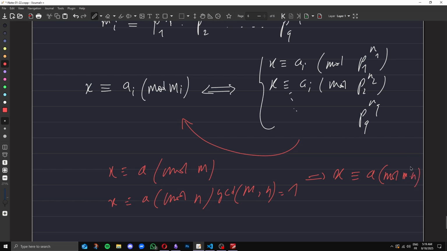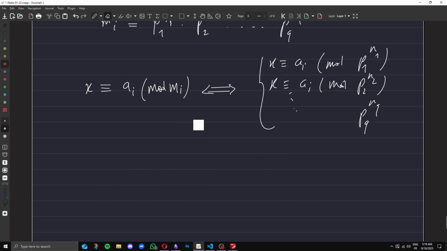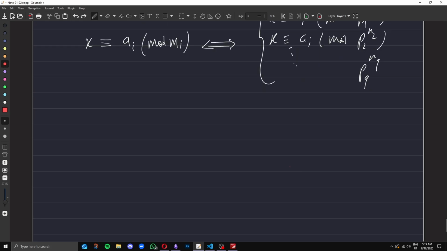Okay, so since these are all pairwise coprime, we're just going to multiply all of them, and we will end up with x congruent to ai, which is the common remainder here, modulo the product of these, which is mi.